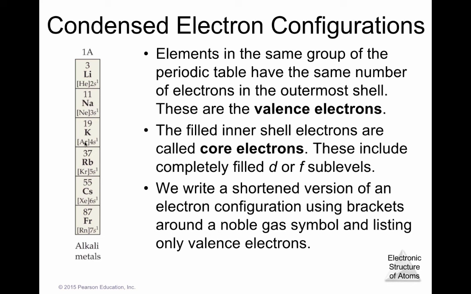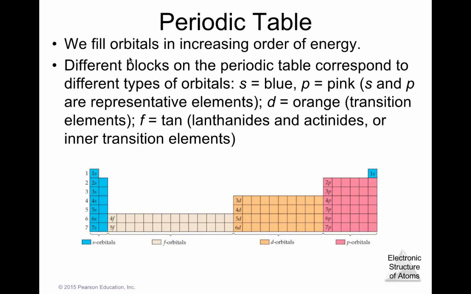I want to remind you, if you are writing the electron configuration for the noble gas, like if you were writing the electron configuration for neon, you can't just put neon in brackets. You need to go back to the noble gas before it and build from the previous noble gas. We fill our orbitals in increasing order of energy. This is just to remind you how we do this.